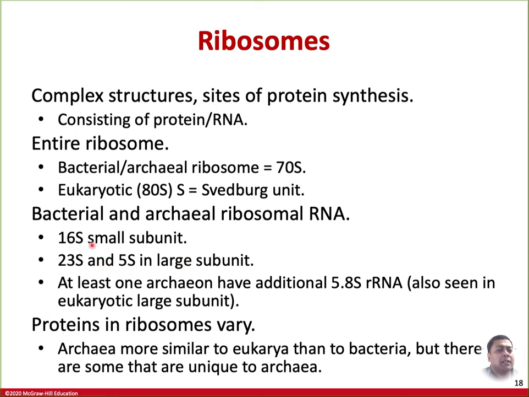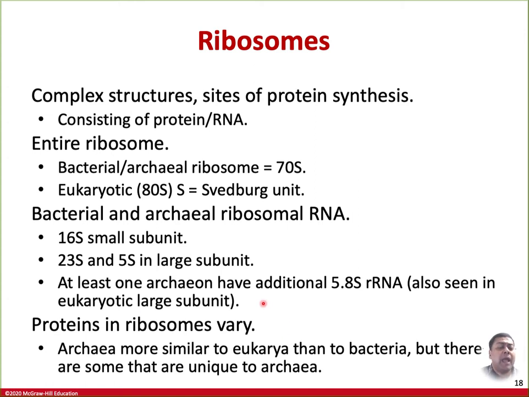Although the sizes of the ribosomal RNAs are the same, their sequences distinctly vary, which is the basis of putting them in different domains. And at least one archaeon has an additional 5.8S rRNA, also seen in the eukaryotic subunit. So here, 23S, 5S, and you can have an additional 5.8S as well.